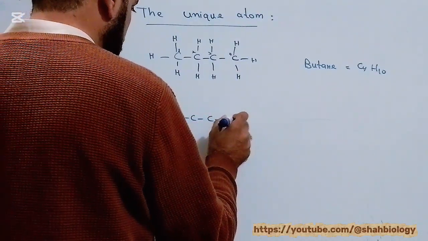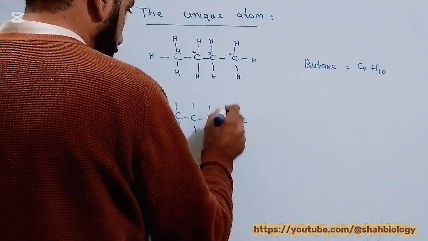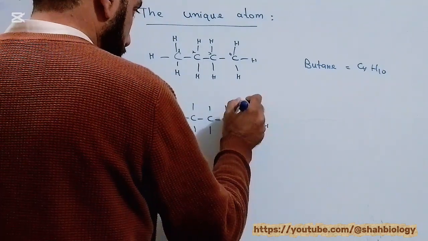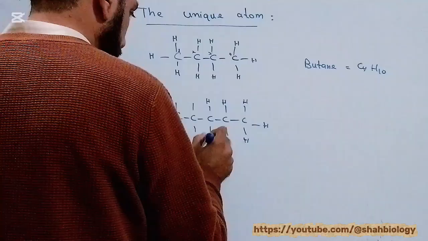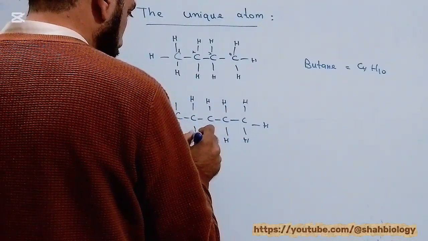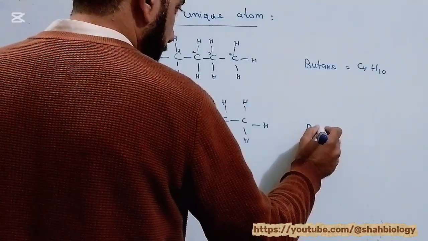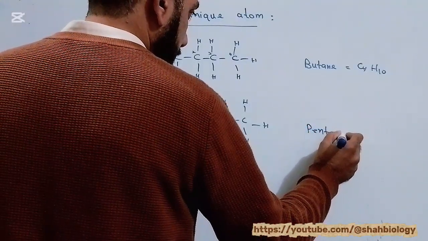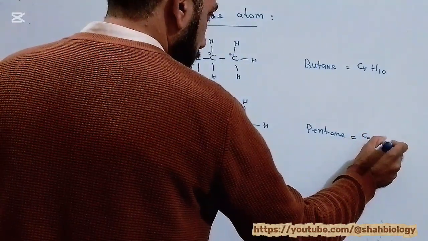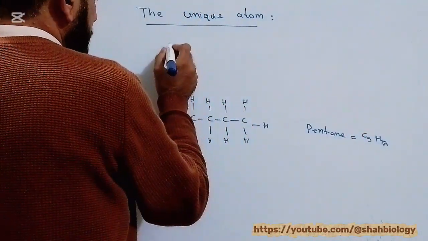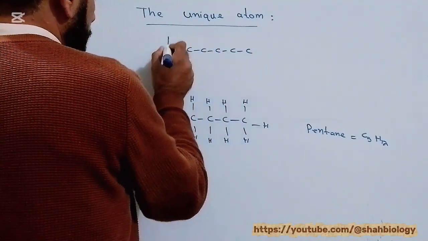Let's take 5 carbon atoms: 1, 2, 3, 4, 5. These are hydrogen atoms. 5 means penta. Pentane, C5H12. Let's draw hexane: 1, 2, 3, 4, 5, 6.